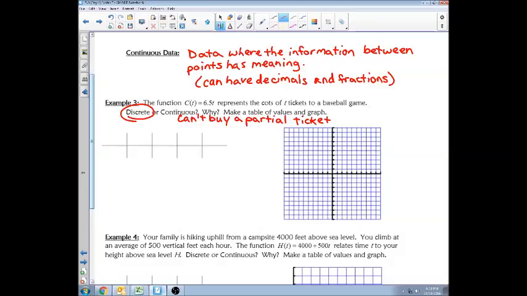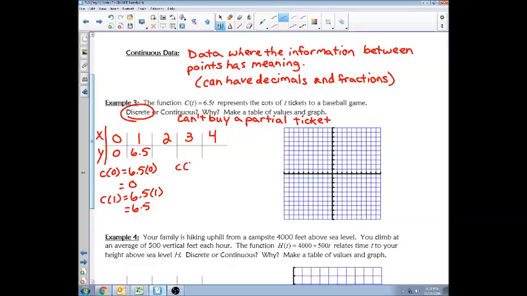So now we need to go ahead and make a table of values and graph it. So again, just like we've been doing recently, these are my x values, these are my y values, 0, 1, 2, 3, and 4. So if I buy 0 tickets to this baseball game, that would be the cost of 0 tickets. It would be 6.5 times 0, which is 0. The cost of 1 ticket to the baseball game would be 6.5 times 1, which is 6.5.